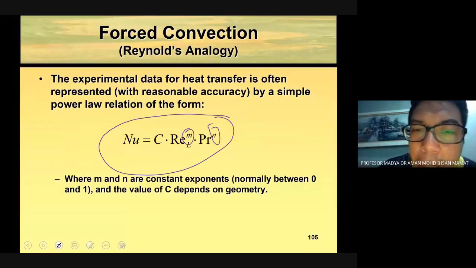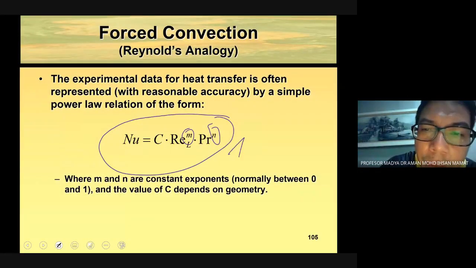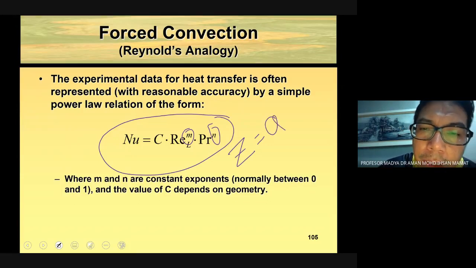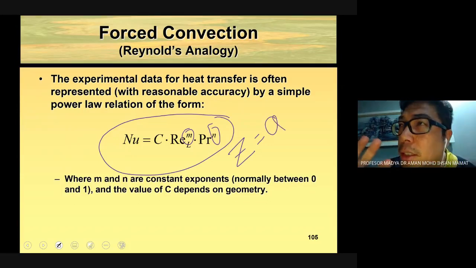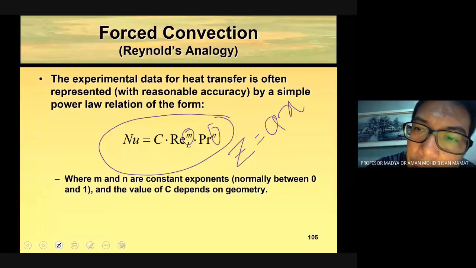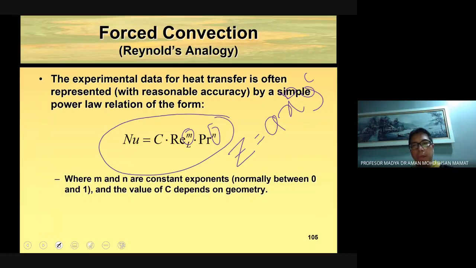Normally in experimental work, let's say you have the variable C, and then you have the value for A. This is the general form: A, then X to the power of B, and then Y to the power of C.